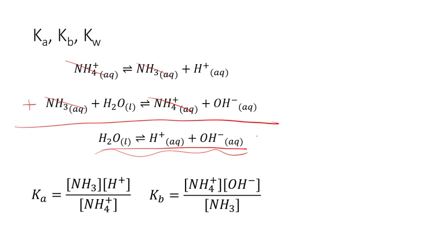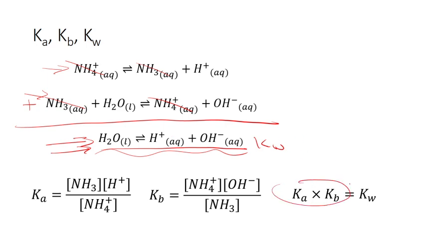And if you recall, there is an equilibrium constant associated with this, and that is, of course, Kw. Now, if you think back to when we talked about equilibrium expressions, if you have two chemical equations that you can combine to make a new chemical equation, then you can find the equilibrium constant for this new chemical equation by multiplying the two equilibrium constants that went into making the new one.